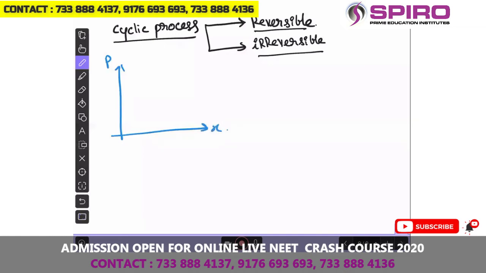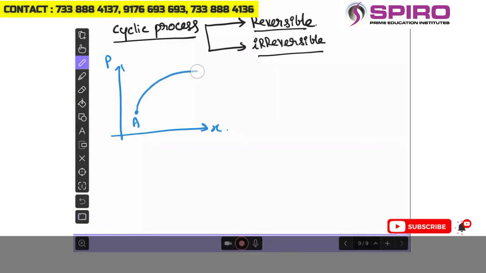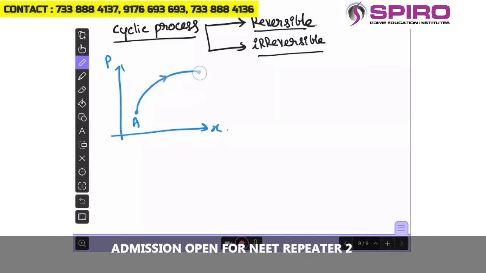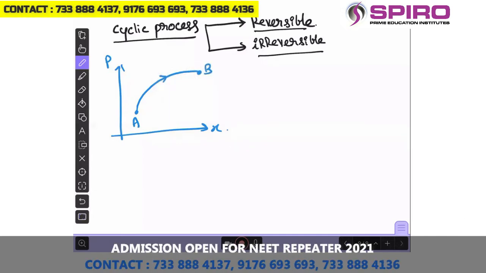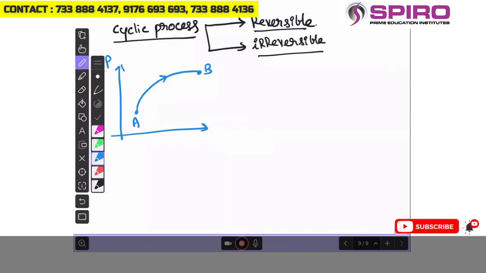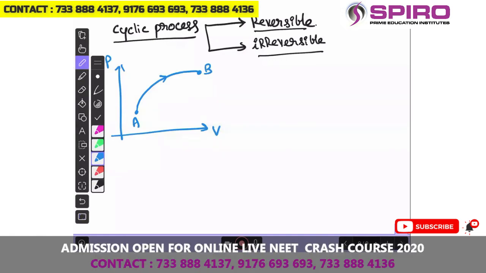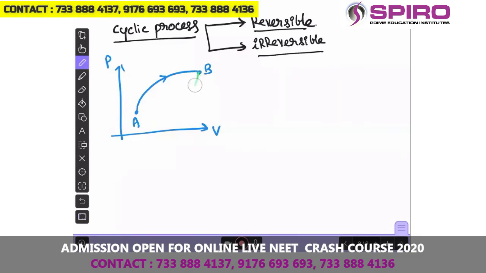Let us suppose a process goes from state A gradually to some point B, and A to B is one process, and after reaching B, it has come back to the point A.